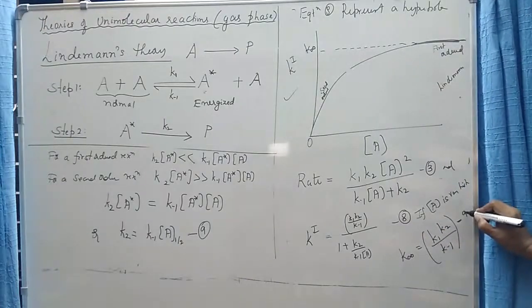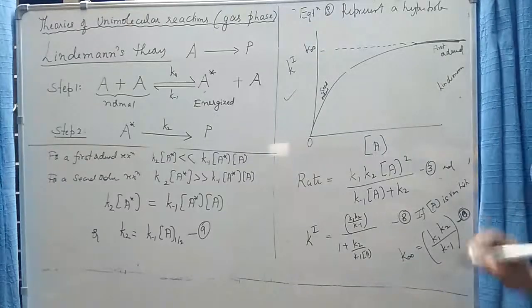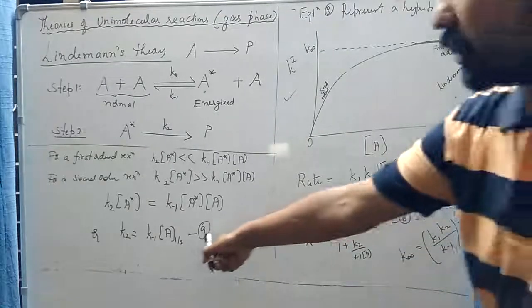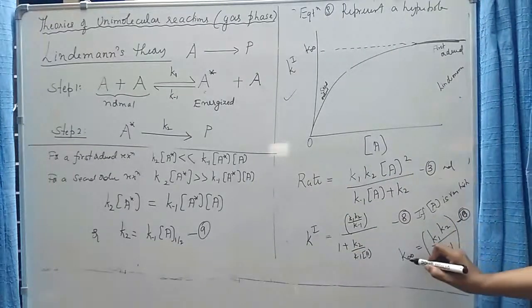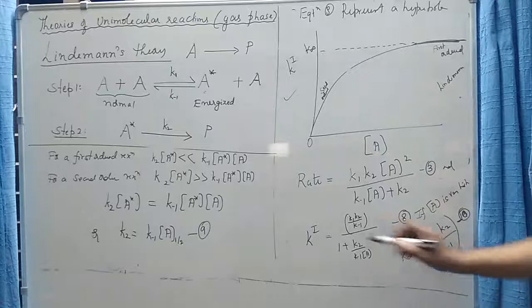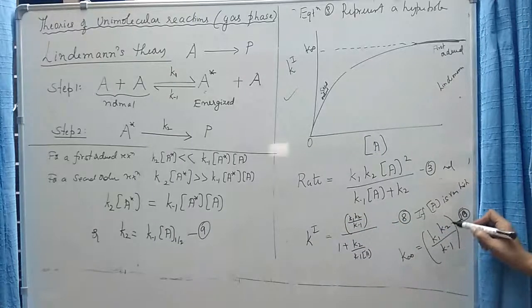This is equation number 10, which I take after equation number 9. Equation number 10 gives the maximum value of K1, which is K infinity. Its value is K1 into K2 divided by K minus 1.